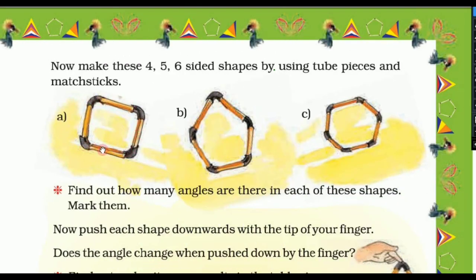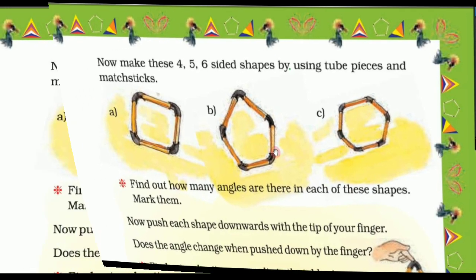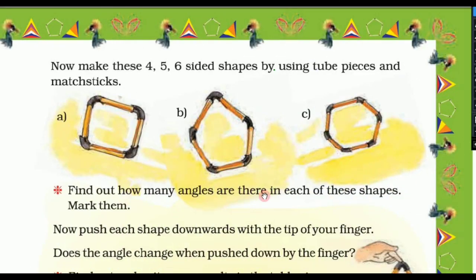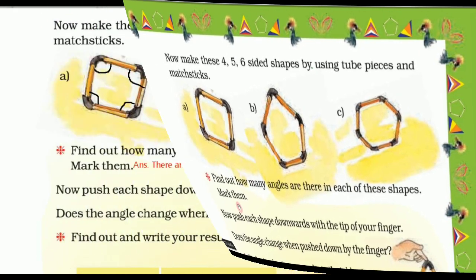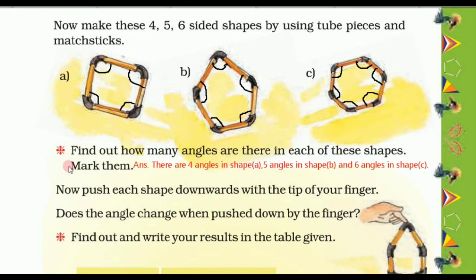So this is 4 sided, this is 5 sided, this is 6 sided. Now the question is, find out how many angles are there in each of these shapes. Mark them. So we can write the answer here. There are 4 angles in shape A, 5 angles in shape B and 6 angles in shape C.